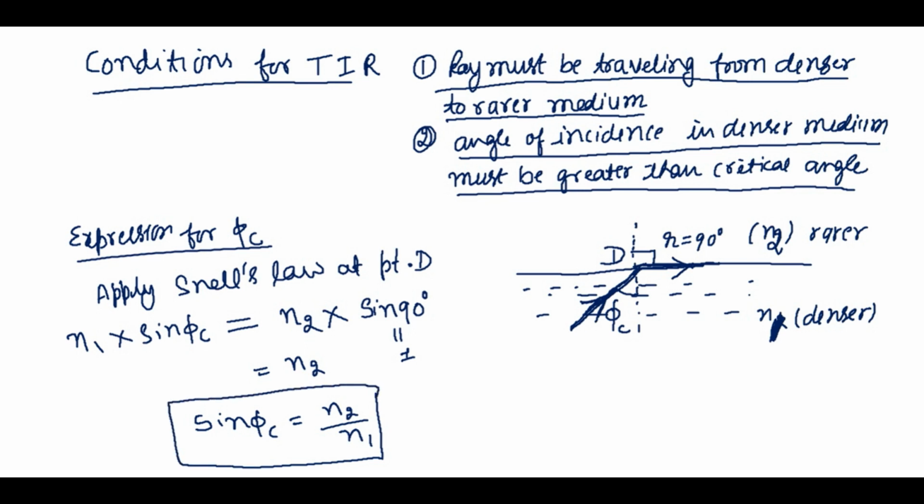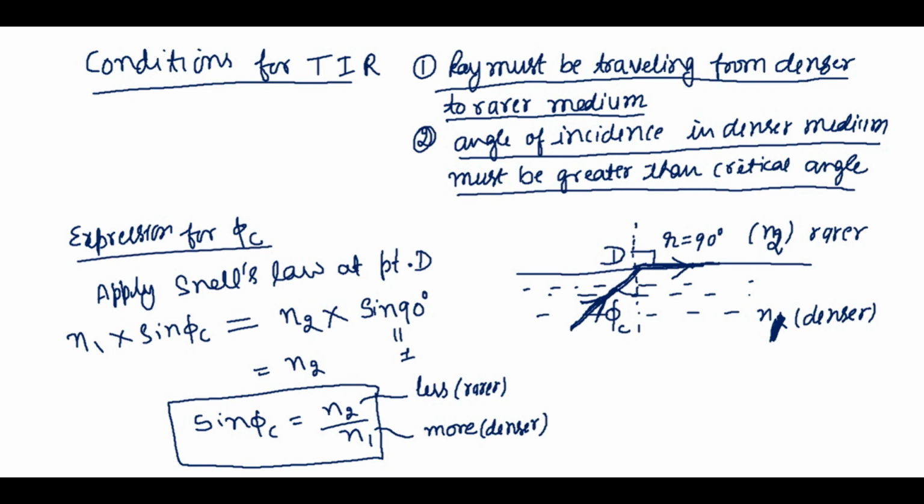Kindly remember, you always know that sine is always less than 1. In this expression, the numerator must be less than the denominator, so the denominator must be more. So this will always be the refractive index of the rarer medium, and this will always be the refractive index of the denser medium.